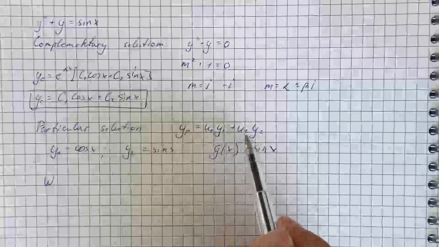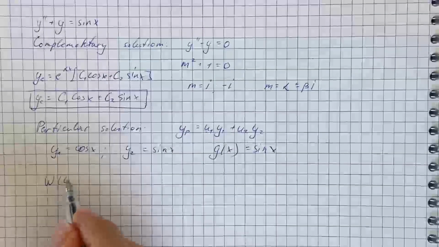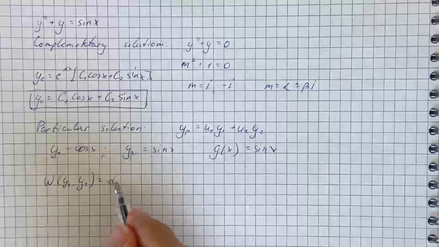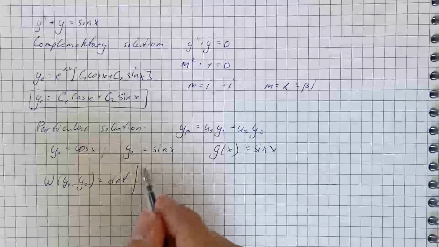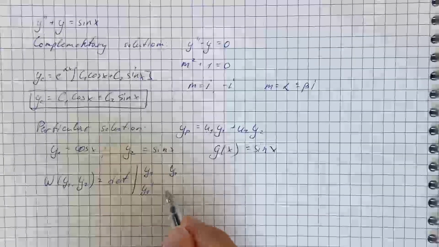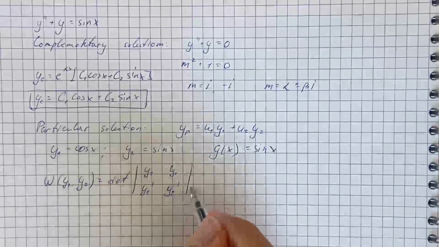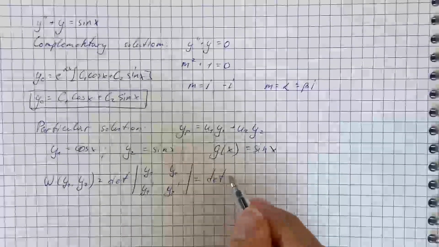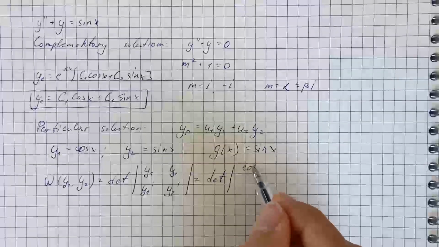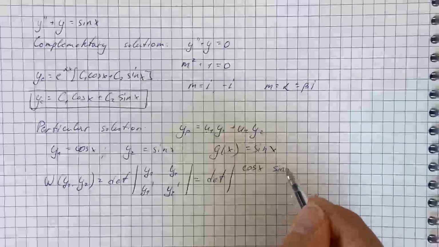to find u1 and u2. So the Wronskian of y1, y2 is the determinant of y1, y1 prime, y2, y2 prime, and that's going to be a determinant. So we take the determinant of cosine of x, sine of x.